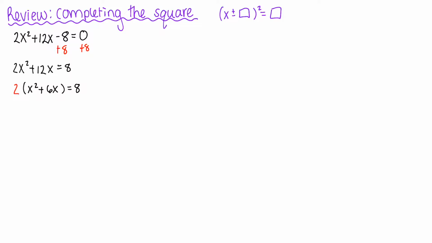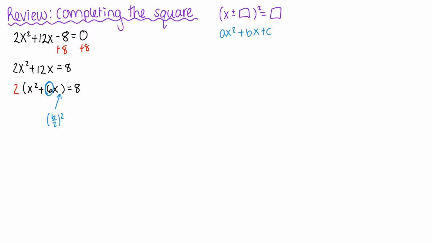Now is the completing the square part. What you're going to do, on the inside here, we're going to be adding b divided by 2 squared. And by b, I mean this value right here. So remember that quadratics are in the form ax squared plus bx plus c.